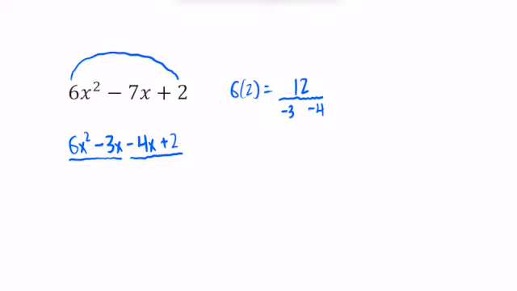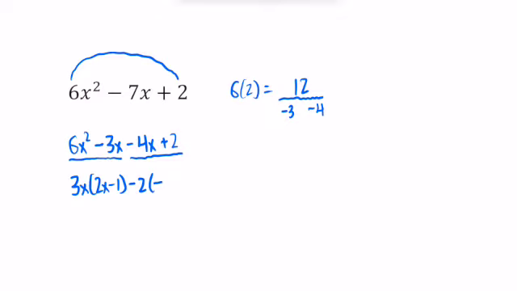From 6x squared minus 3x, we can factor out a 3x, and we would be left with 2x minus 1. Our next group starts with a negative, so we'll factor out a negative, and in this case we'll factor out a negative 2, which would leave us with, from that group, 2x.